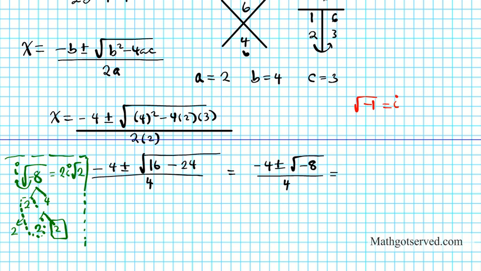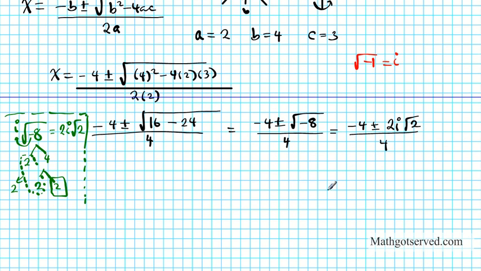So this becomes negative 4 plus or minus 2i root 2 over 4. Now to reduce the fraction without making mistakes, I advise you to split it apart. So we're going to have negative 4 over 4 plus or minus 2i root 2 over 4.